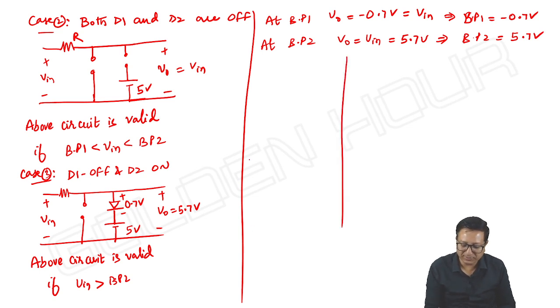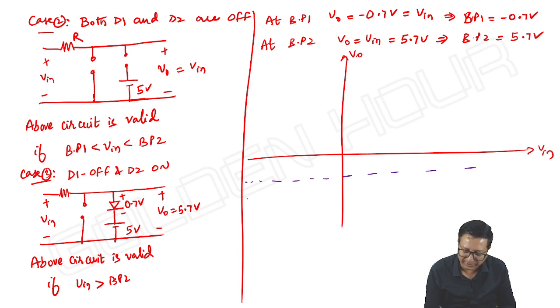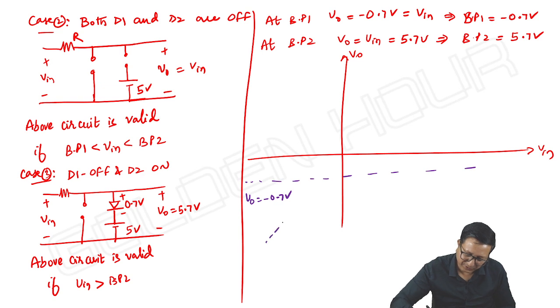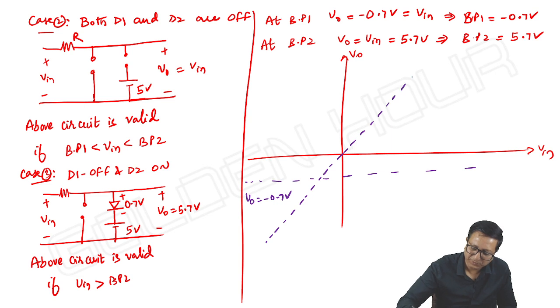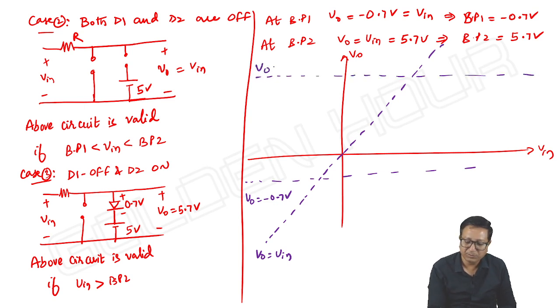Then if you take the transfer characteristics, one equation is output equal to minus 0.7 volt. Another equation is output equal to input, that is case 2. Next, case 3, output is equal to 5.7.